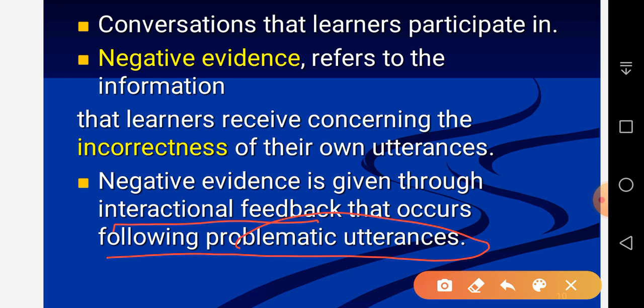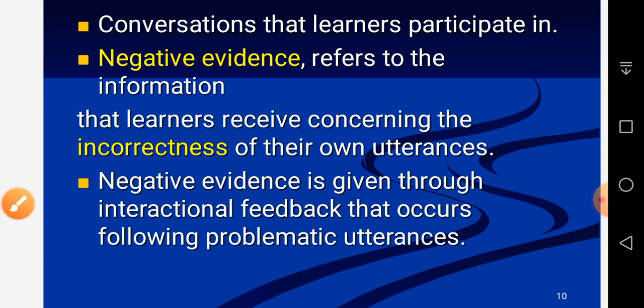This feedback is known as negative evidence or negative feedback. So negative feedback means he or she is going to point out your errors, and in response to that you are going to give a modified output. So this way your language will be developed. This is how people learn a second language. So it's a second language learning theory, Interactionism.